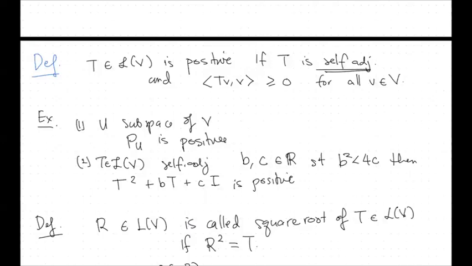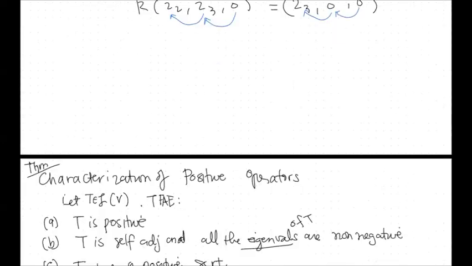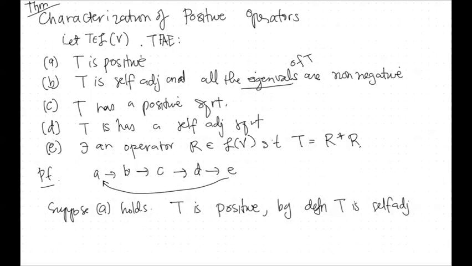Positive implies self-adjoint. And what can you say about a self-adjoint operator? Then let lambda be an eigenvalue of our T.